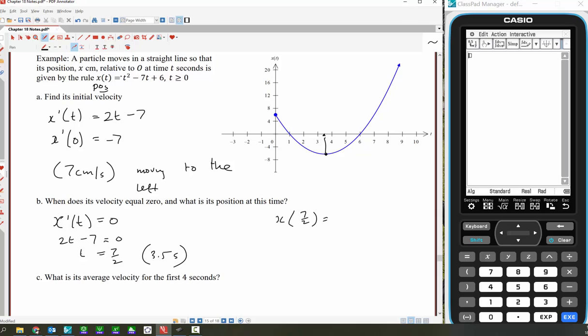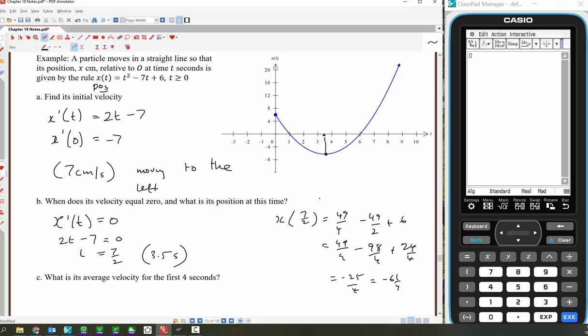So we're going to put that into the position function, and we get 49 on 4, take away 49 on 2 plus 6, which is 49 on 4, take away 98 on 4 plus 24 on 4, which is negative 25 on 4, or negative 6 1/4.